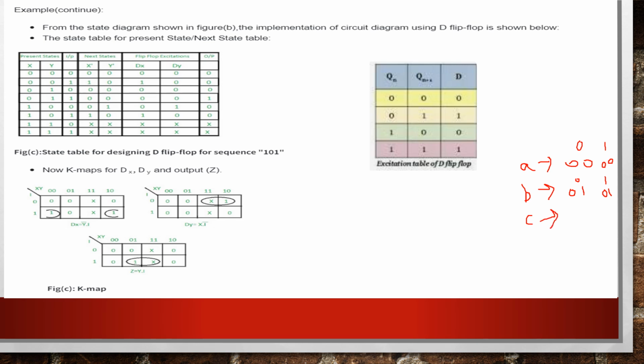Likewise, C can be assigned the state value of 1, 0. So when the input is 0 and when the input is 1, where does this state go? Finding out the answers from the state diagram, we'll be able to fill in the values.